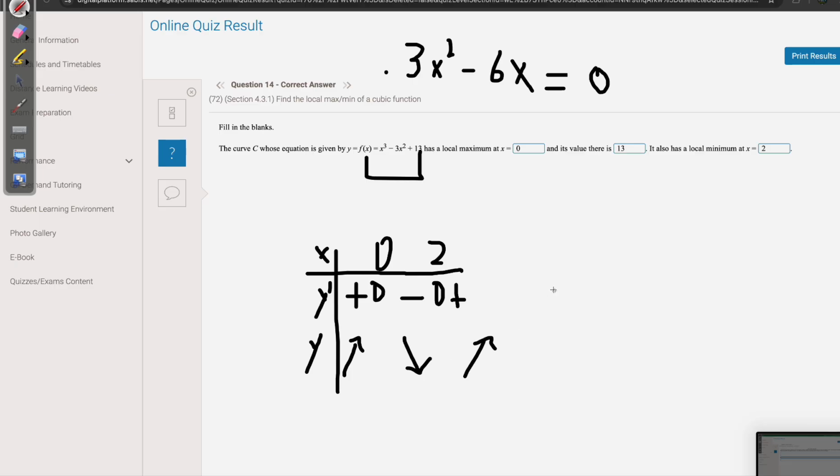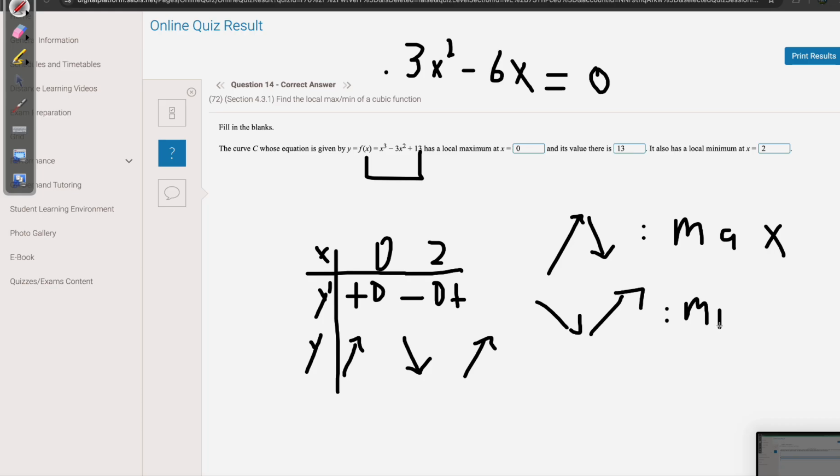Again, up, down is max. Okay, and down, up is minimum. So now we know the x of the local maximum, which is at x is equal to 0, and the value there.